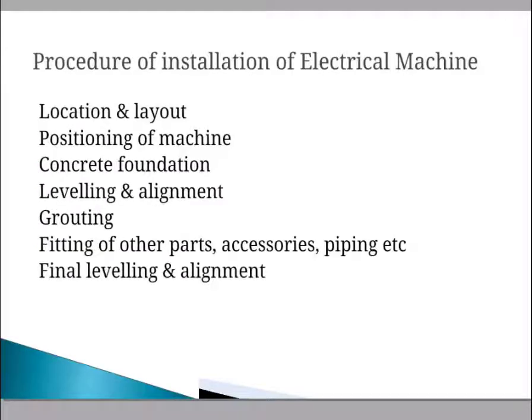Then we have to discuss what are the different procedures for installation of electric motor. The first one is the location and layout. The location of an electrical machine depends upon its purpose of installation, definite type and size.